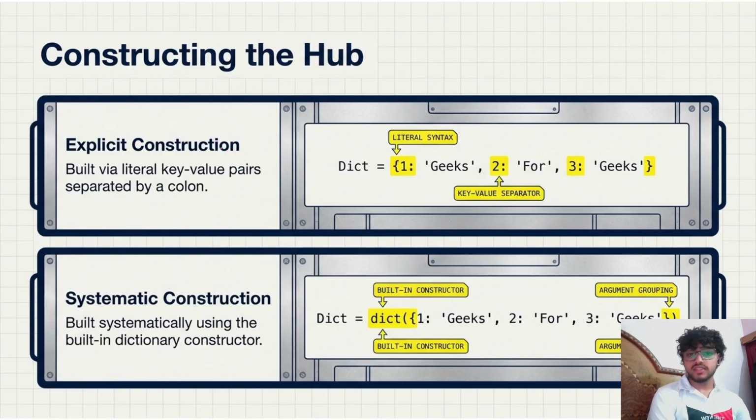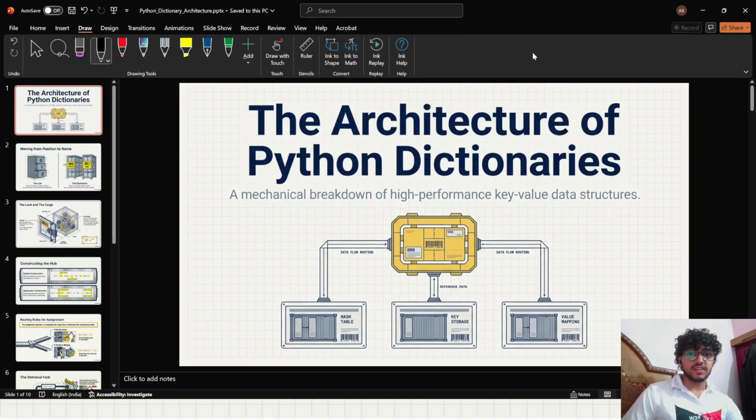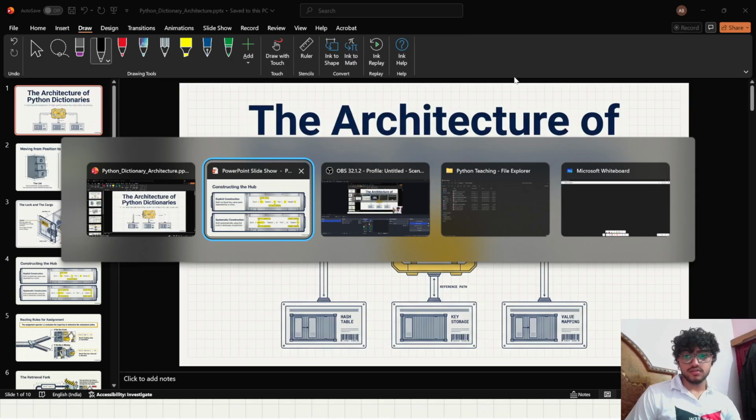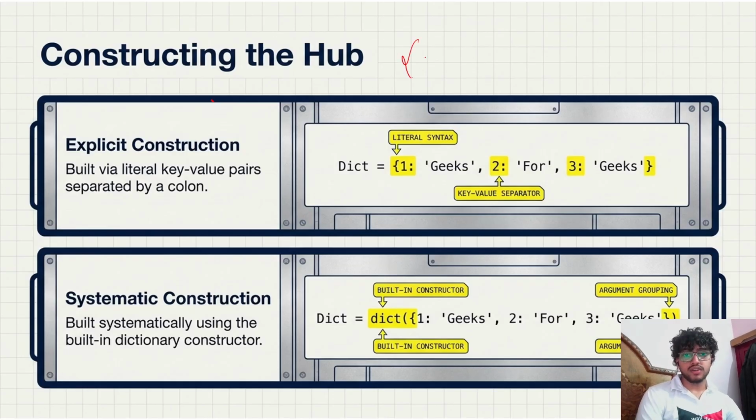So now we'll see how to construct a dictionary. To construct a dictionary, we use curly braces just like sets. First, we'll write the key and then a colon. Then we'll write the value. Then we'll write a comma, then the next key, then the value.